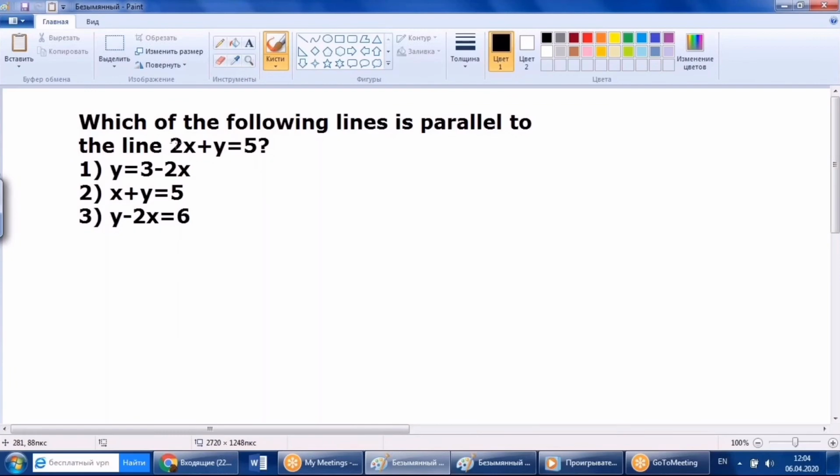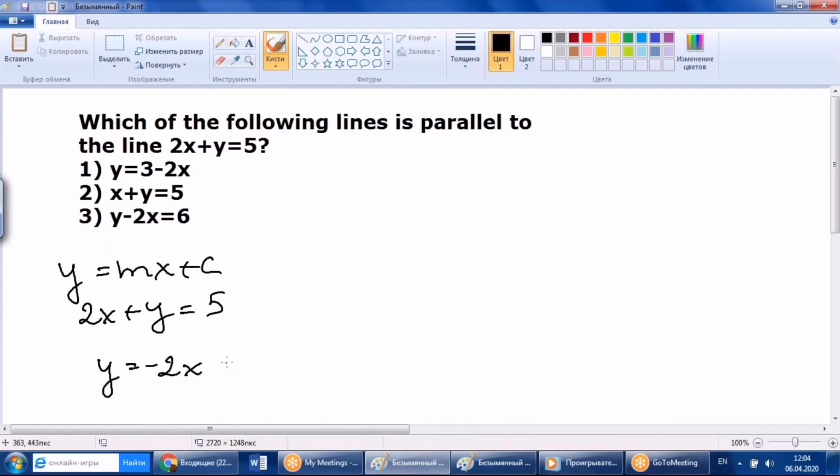Which of the following lines is parallel to the line 2x plus y equals 5? First, we should rearrange the equation 2x plus y equals 5 to the form y equals mx plus c. So 2x plus y is equal to 5, and y is equal to negative 2x plus 5.